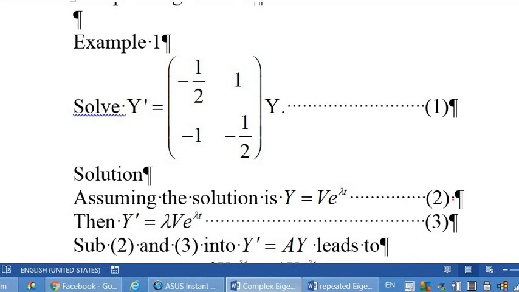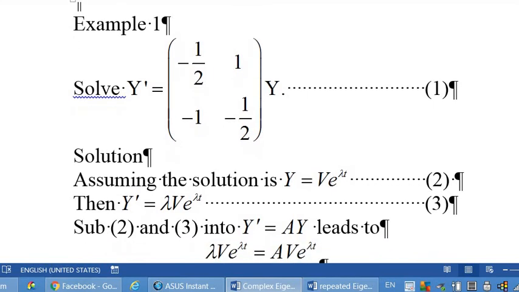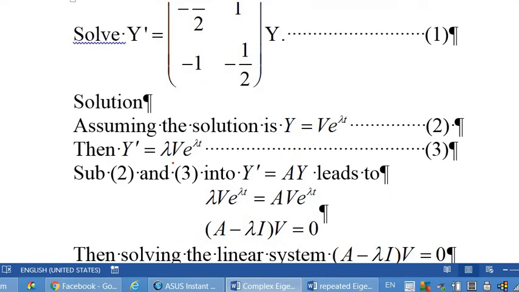If we substitute equations 2 and 3 into the homogeneous system, y prime equals Ay, we have on the left side lambda v e to the power lambda t equal to Ay, where y is from equation 2.